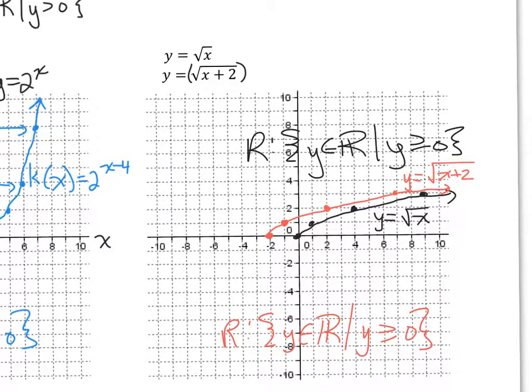But this time there is a restriction on my domain, and so therefore my domain will change. So we'll put the parent graph domain, which x has to be greater than or equal to 0, in black. And now you can see my range has shifted 2 units to the left, just like my whole graph, which now means that my domain of my translated graph is going to be x is any real number such that x is greater than or equal to -2.